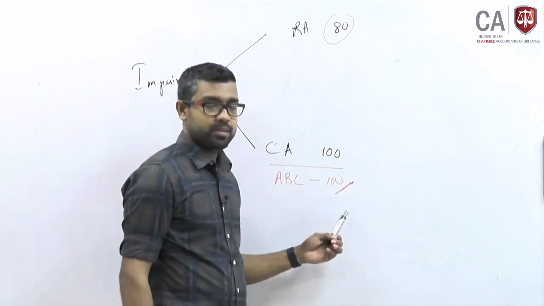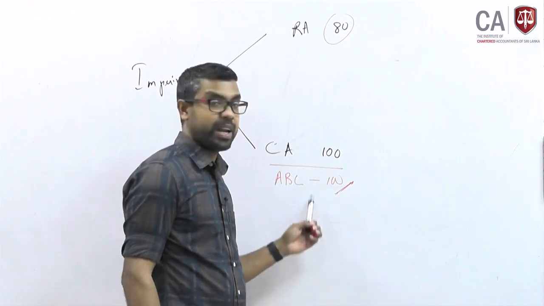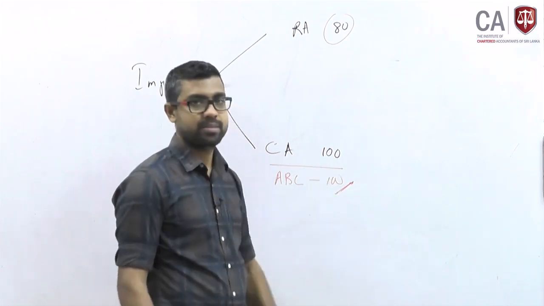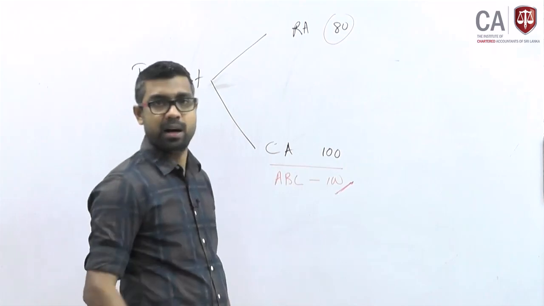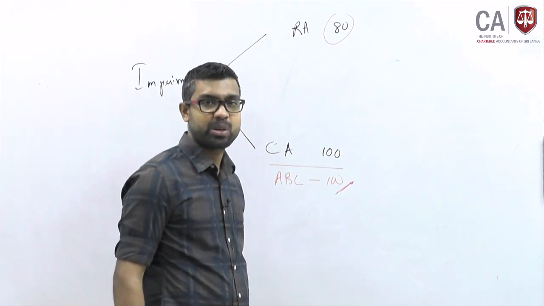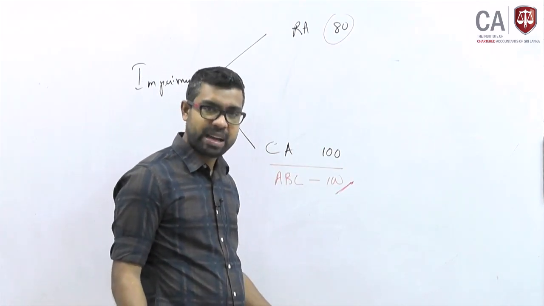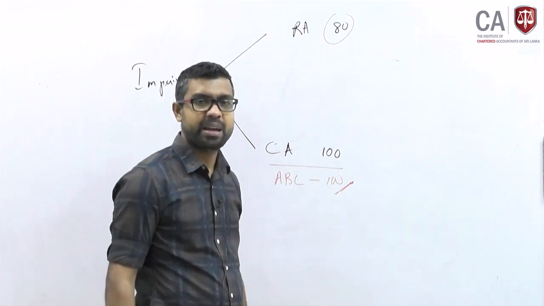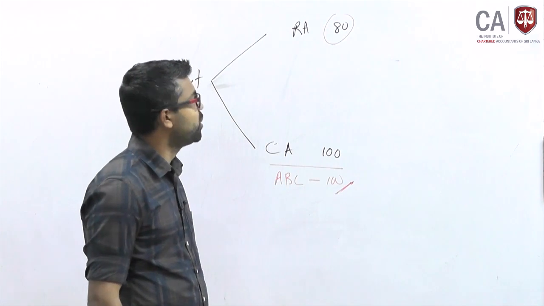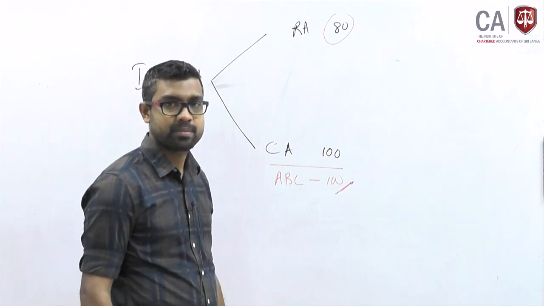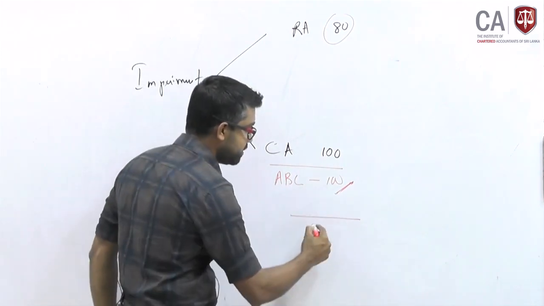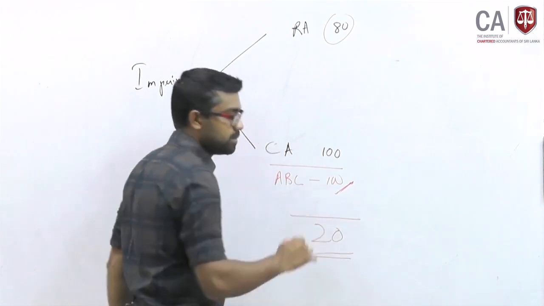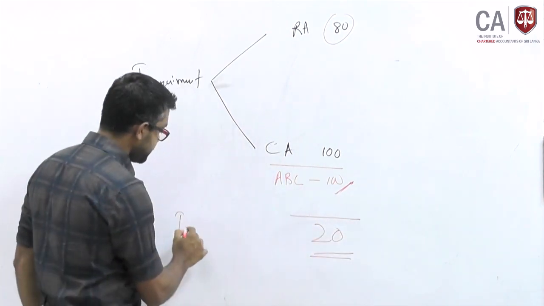Your original outstanding value was 100, but because of some other factors, I cannot recover 100. Maximum I can recover only 80 rupees. The balance 20 you identify as what? Impairment loss.